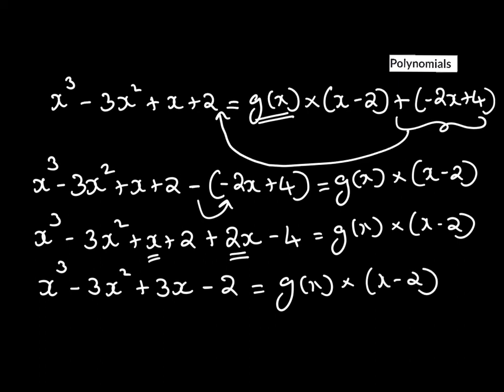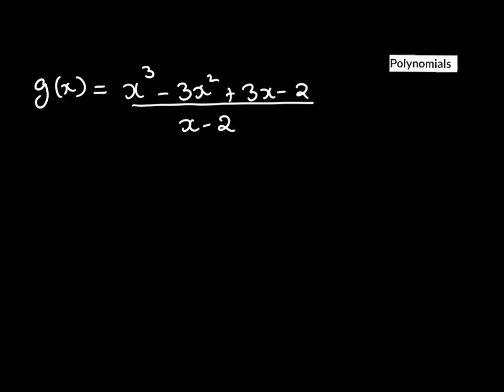Now g(x) will be equal to this polynomial divided by x - 2. So g(x) will be (x^3 - 3x^2 + 3x - 2) divided by (x - 2). And of course we have learnt in the previous slides how to divide one polynomial by the other polynomial. Just divide it and get the quotient.